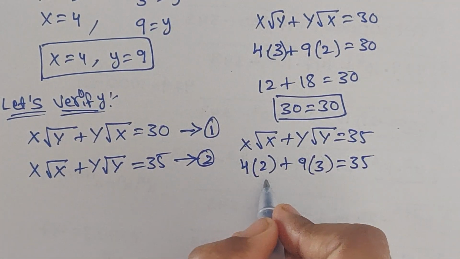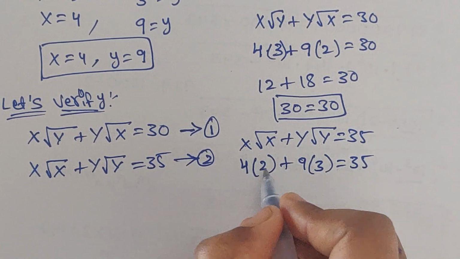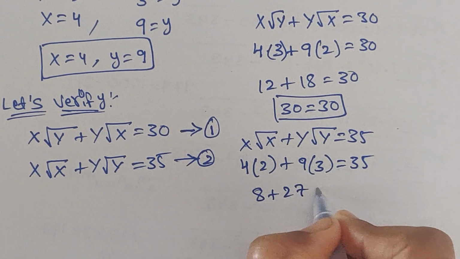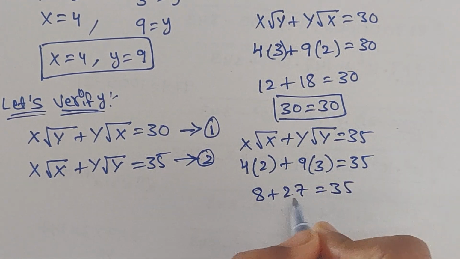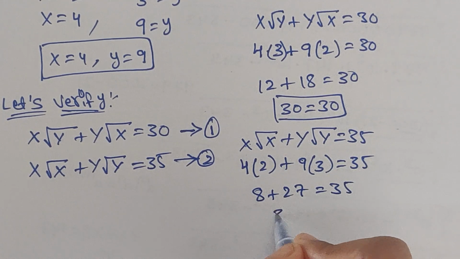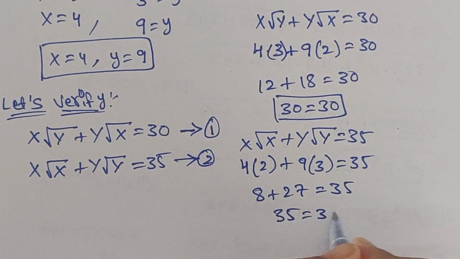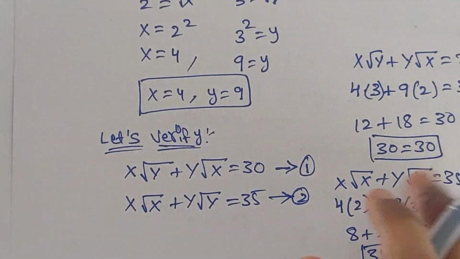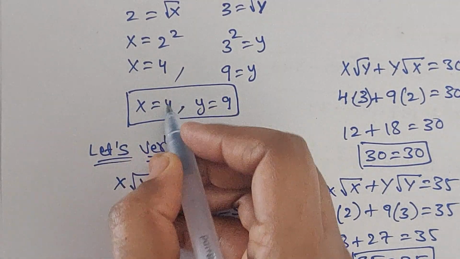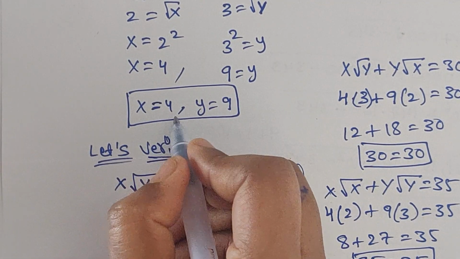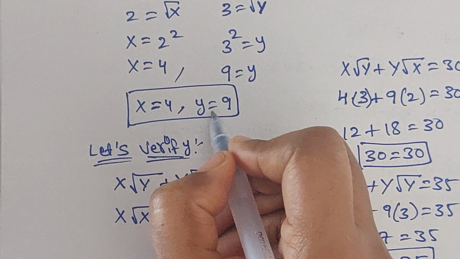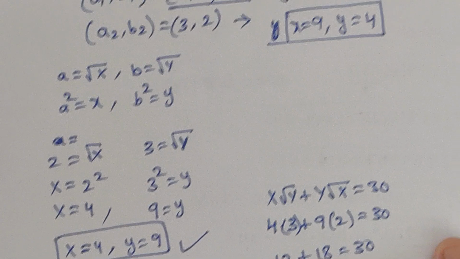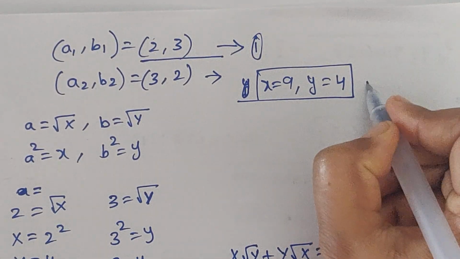So 4 times 2 is 8 plus 9 times 3 which is equal to 27 equals 35. So 27 plus 8 which is equal to 35 equals 35. So this is also true. So the x value is 4 and y value is 9. So this is the right answer. This is also the right answer.